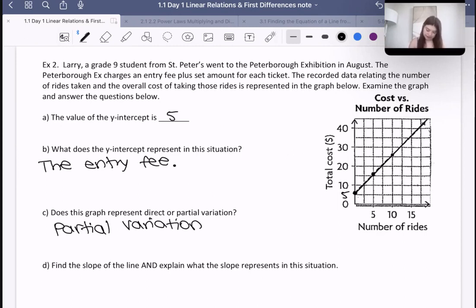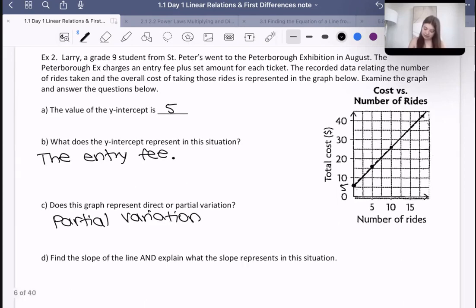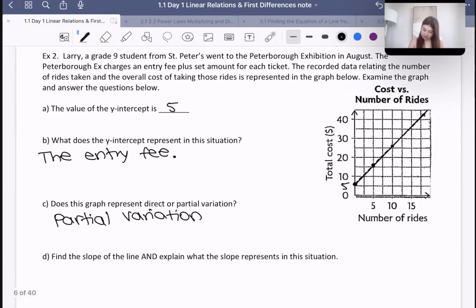Here it says, find the slope of the line and explain what the slope represents in the situation. Okay, so slope, it's actually kind of hard to tell with this graph, I'll be honest. So there are a few answers I would accept for this one. It looks like it's about over 5, and then up a little bit more than 10, so maybe 11 over 5.